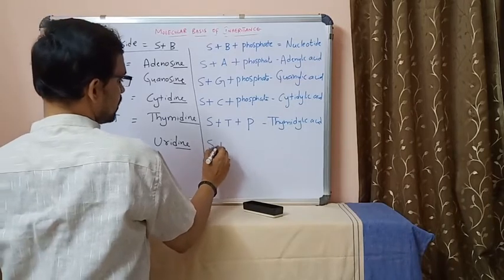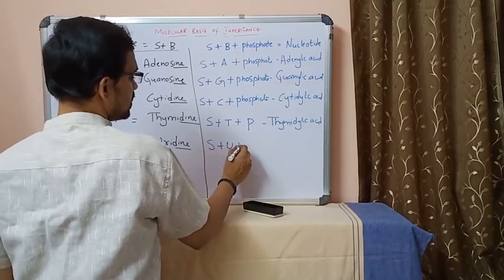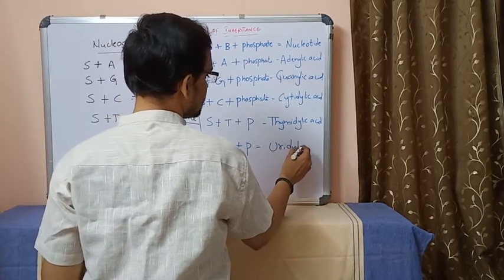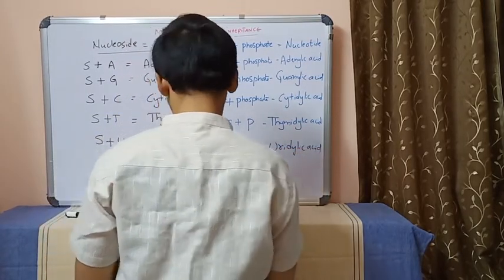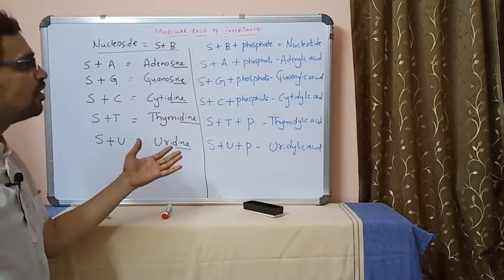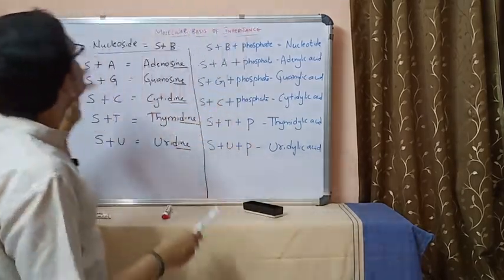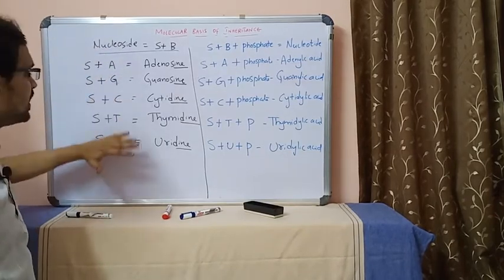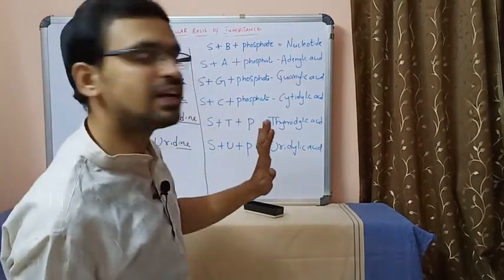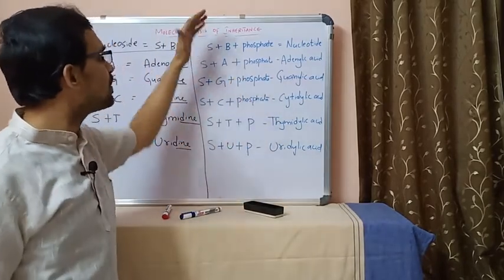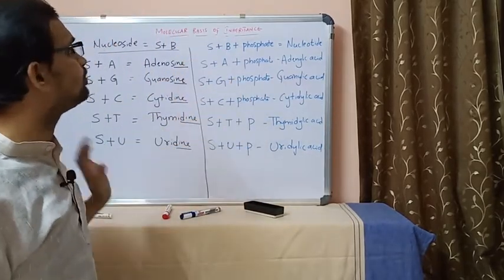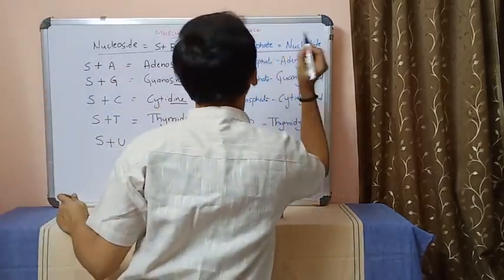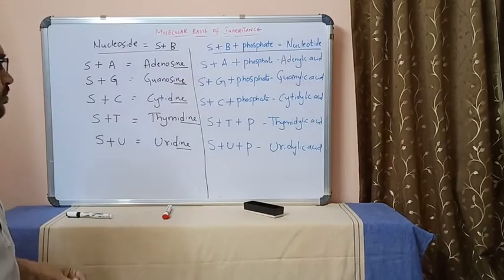Last base, sugar plus uracil plus phosphate, uridylic acid. So these are the different types of nucleotides. There are 5 different types of nucleosides and 5 different types of nucleotides due to the presence of 5 different bases.